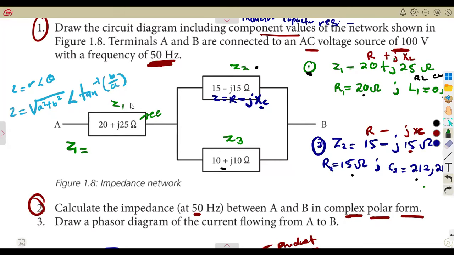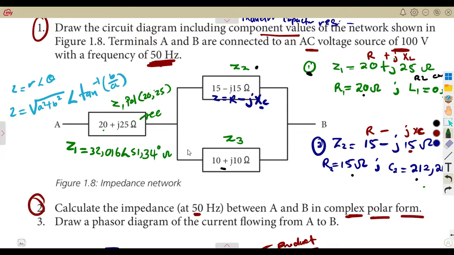I talked about this: you have your polar, and you press the 20 and 25 separately. You get your answers in polar form, 32.016, and the angle is 51.34 degrees.